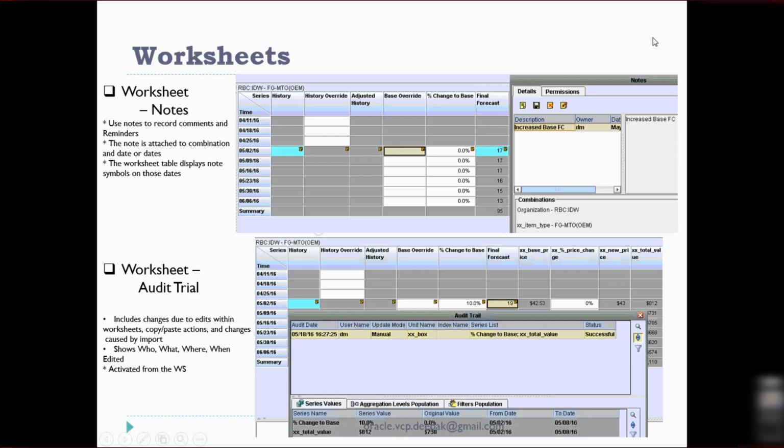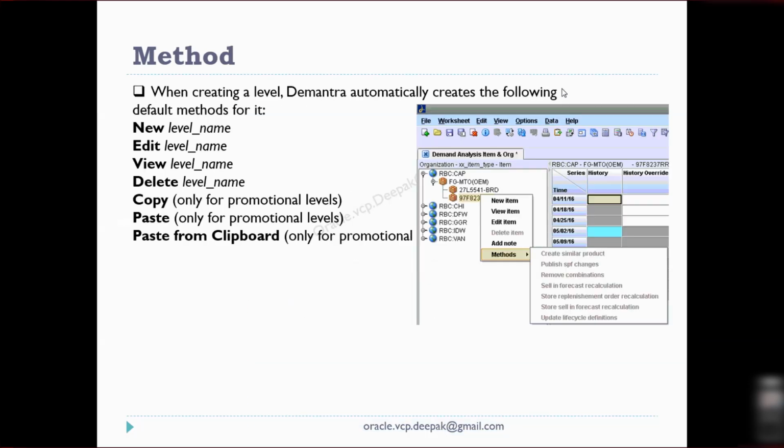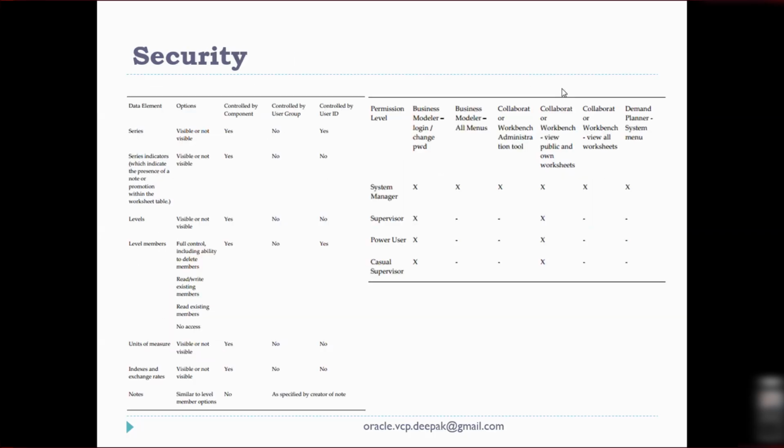So you can set the permission. That individual user will mention this permission when he clicks on it. He might give permission to one particular user group, like the collaborator user group. So all the users belonging to that group will see that note information. So this is security.